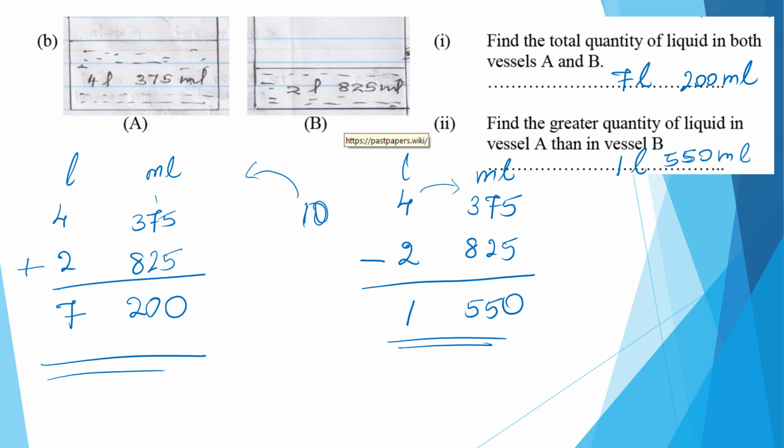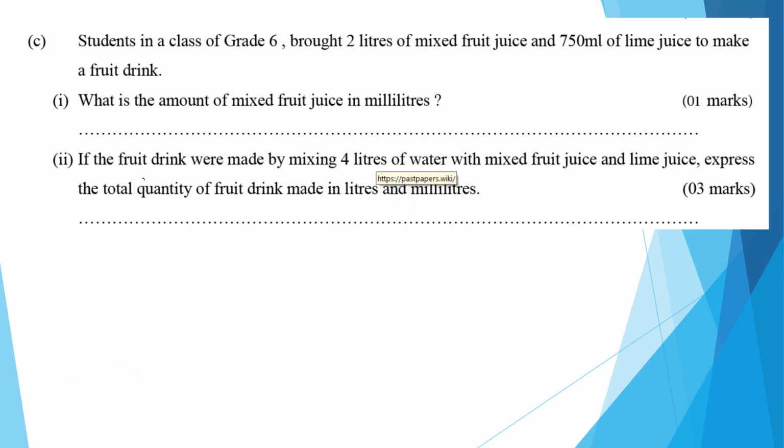And this is with the knowledge of liters and milliliters, right? Okay, students, in part C, students in a class of grade 6 brought 2 liters of mixed fruit juice and 750 milliliters of lime juice to make a fruit drink.